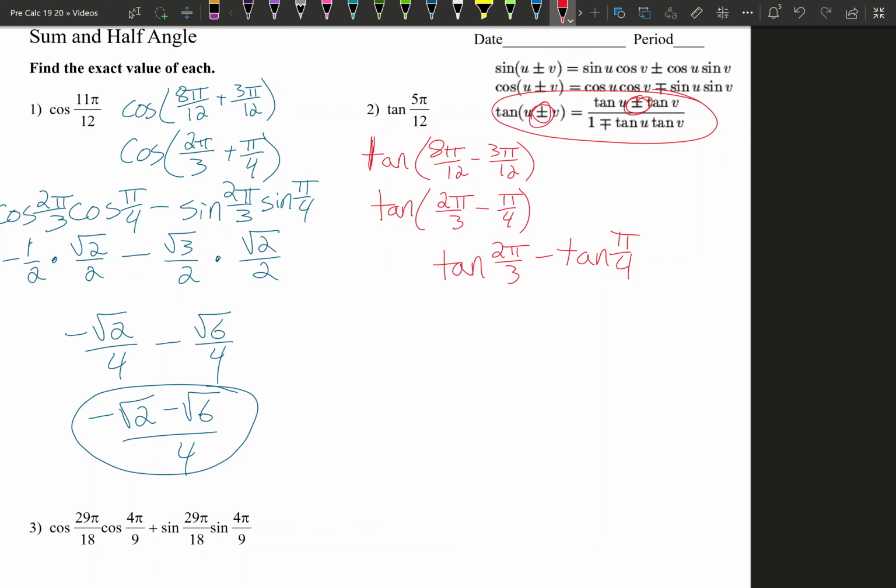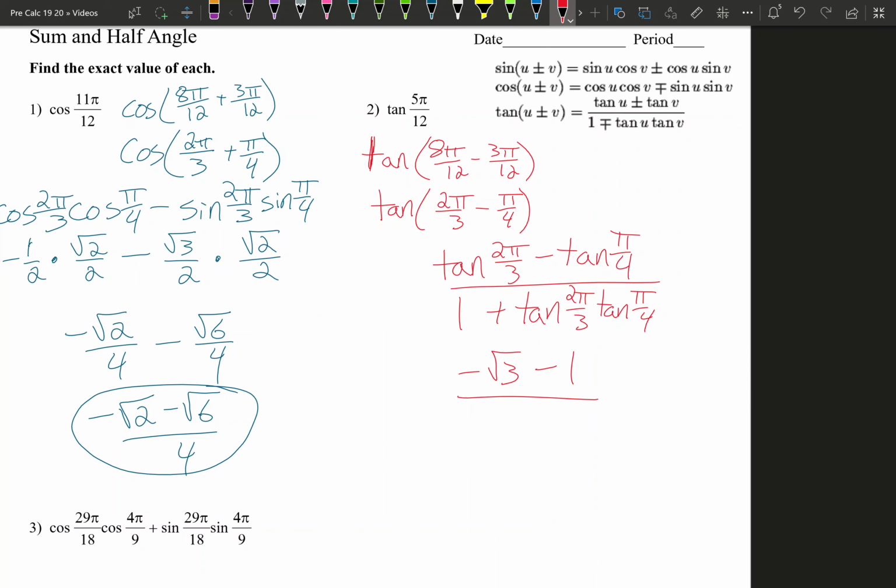The denominator is minus or plus, so it is going to be the opposite sign. So we will have 1 plus the product of these two tangents. Then we can evaluate. Tangent of 2 pi over 3 is negative square root of 3 because it's in the second quadrant. Tangent of pi over 4 is 1.